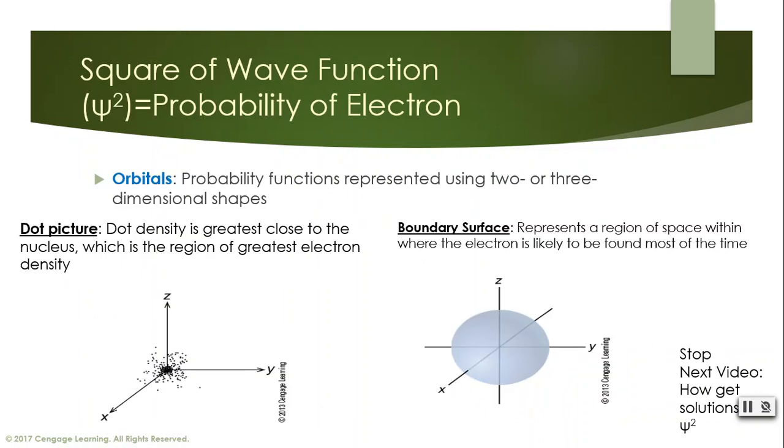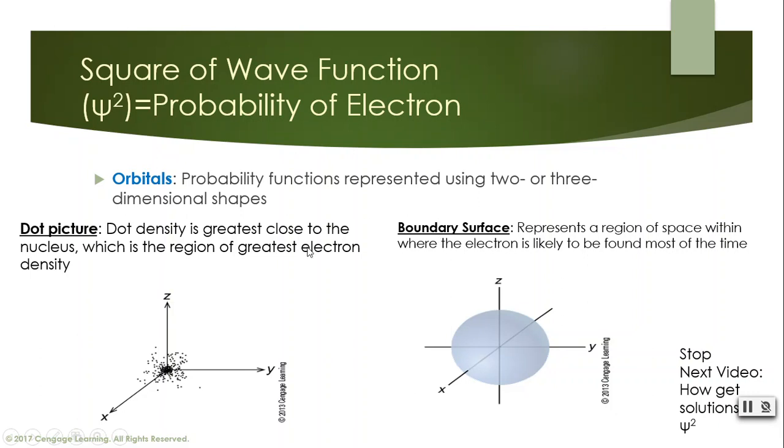You should specifically also know that when you square a wave function, that is what actually gives the probability of where an electron is. That square of the wave function gives the orbitals, the shapes of the regions where the electron is. These orbitals, that we'll define a little more in subsequent lectures, can be represented as three-dimensional shapes as either dot pictures or boundary surfaces.